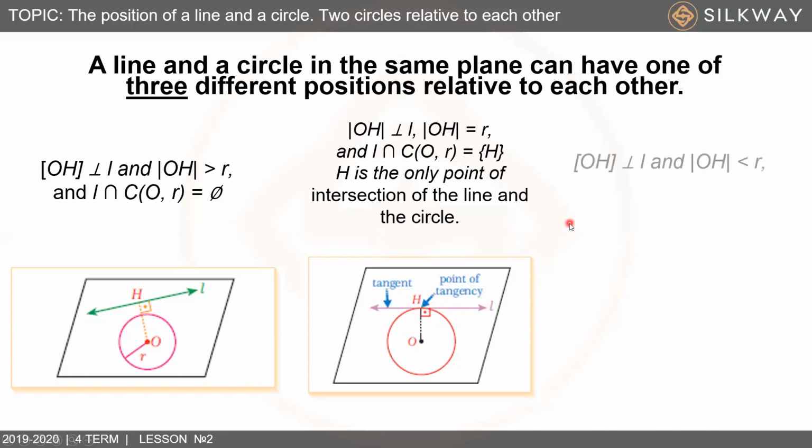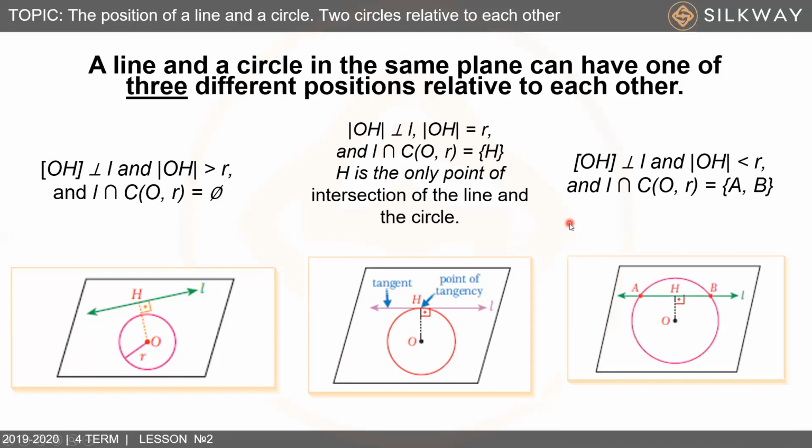The third one: if OH is perpendicular to line L, and OH is less than the radius, here we have 2 points, A and B.